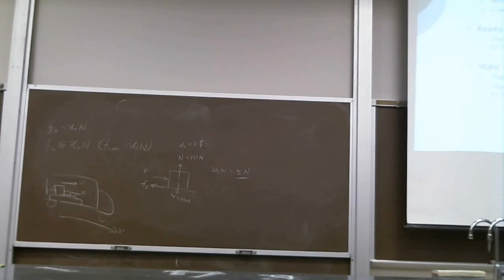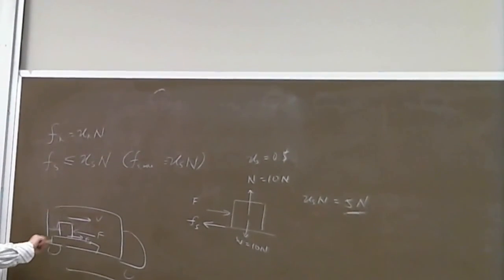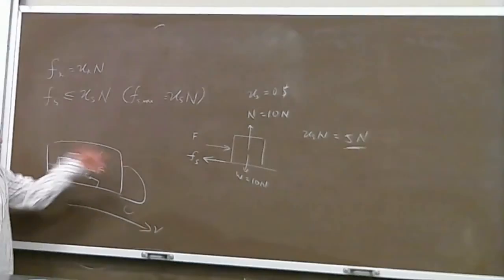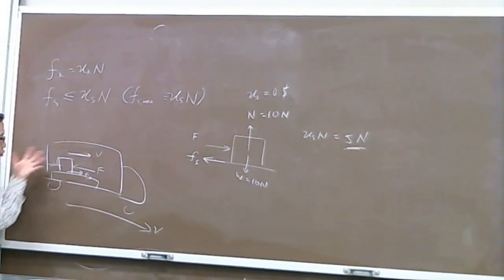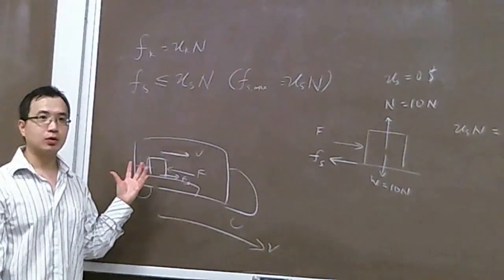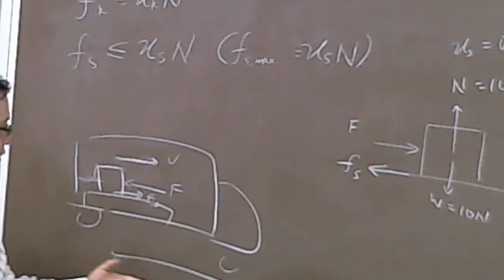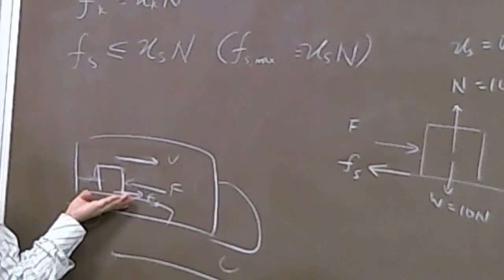What I would like to emphasize is that in this case, the box, the object, actually has some motion to the right. But this motion has nothing to do with the frictional force, because that's the motion of the whole system relative to the ground, not the contact surface.